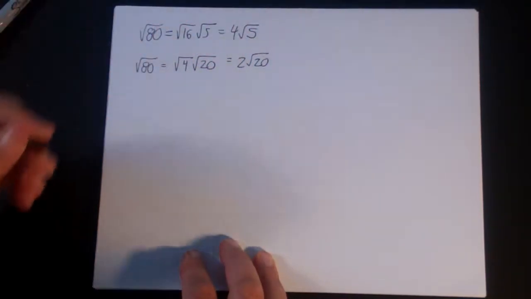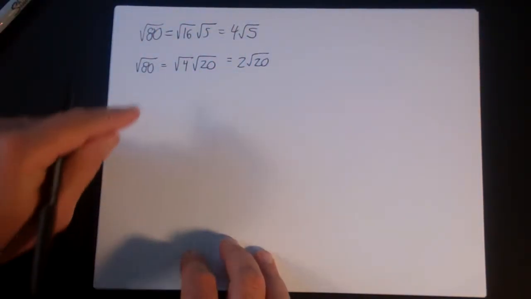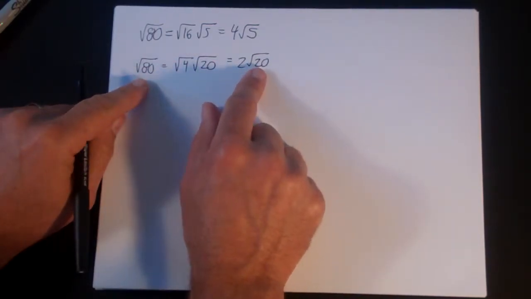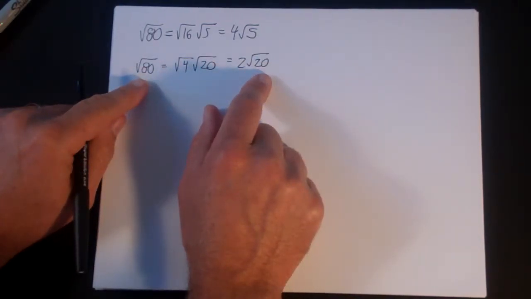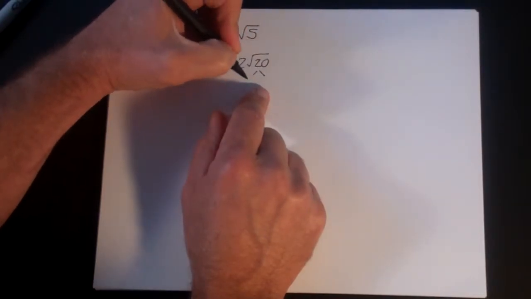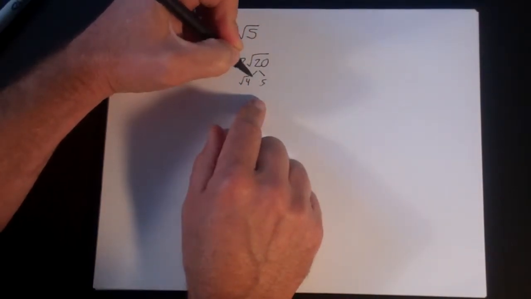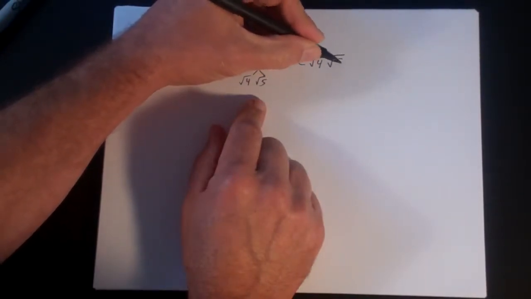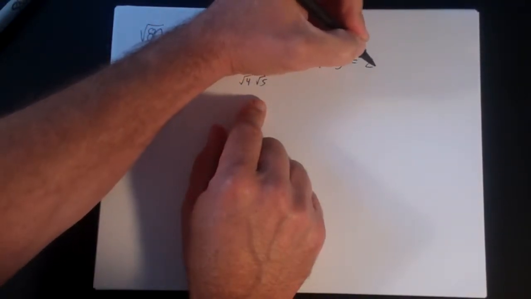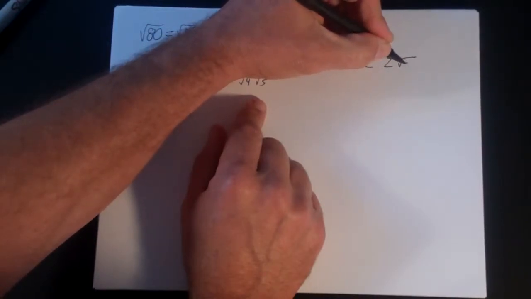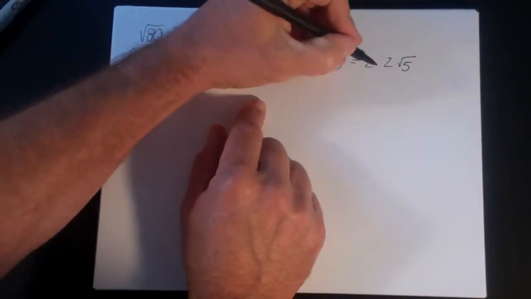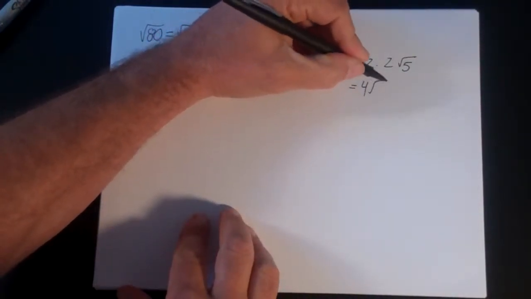And that is simplified, it's just not completely simplified. To completely simplify it, you need to find a number which goes into 20 which is a perfect square. That's 4 and 5 again. That's 2 root 4 root 5, so 2 root 5. Since there's a 2 out there already and you take a number out of the square root, you multiply those two together and your final answer is 4 root 5.